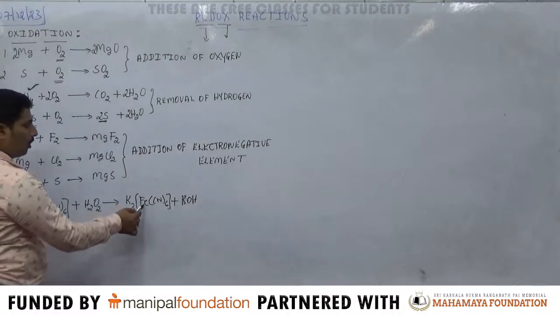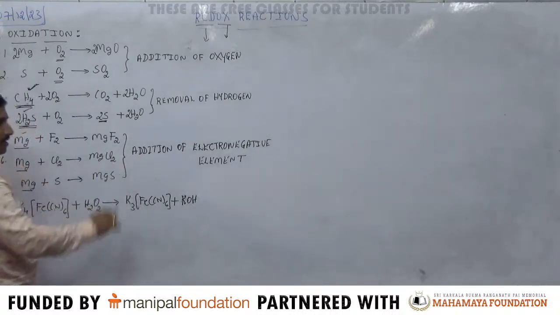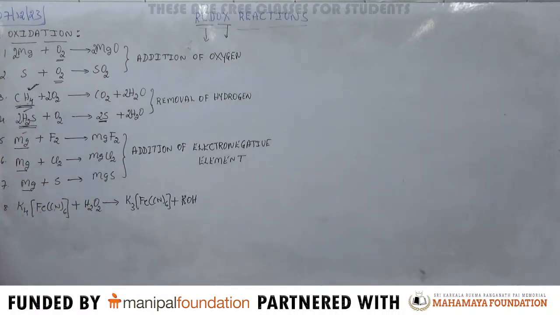Here also there is a coordinate bond present between the ion and the cyanide. For the time being you don't know about the coordinate bond. You have studied only ionic bond and covalent bond. So coordinate bond you haven't learned yet. In the second year you will learn coordinate bond, and coordination complex means that this is a central metal atom and this is known as a ligand. All those concepts you will study in the second year.